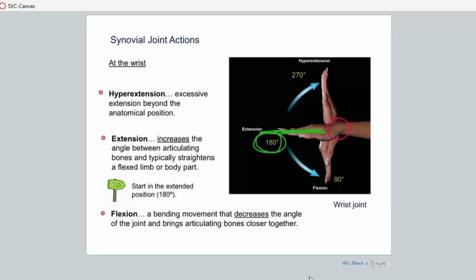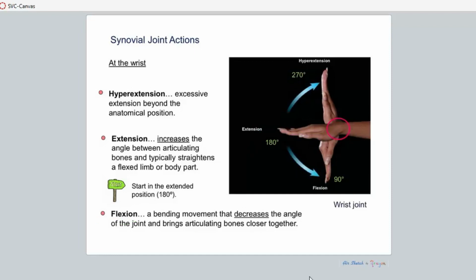If we take this extended position and we decrease the angle of that joint, we move the hand this way, that movement occurs at the wrist joint. If we move the hand this way and decrease the angle of the joint, that's called flexion. It brings the articulating bones closer together.